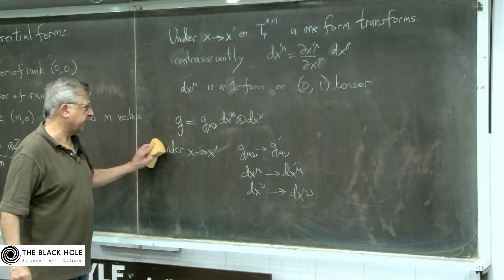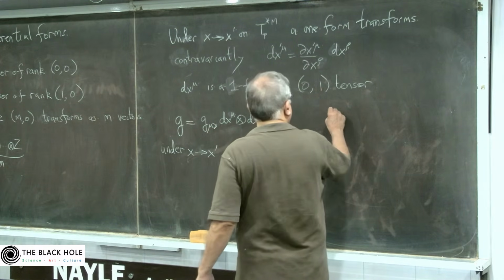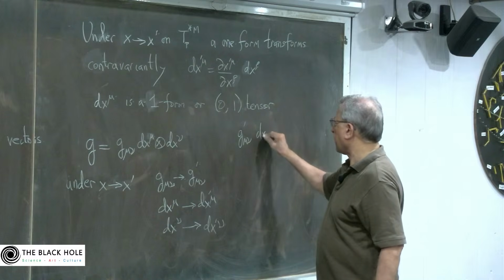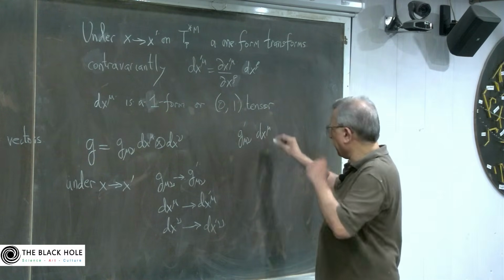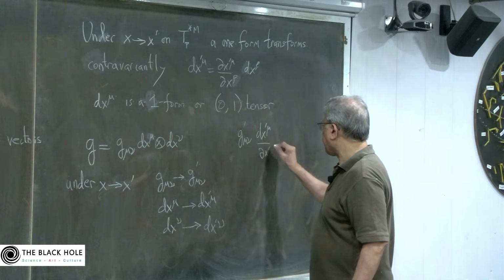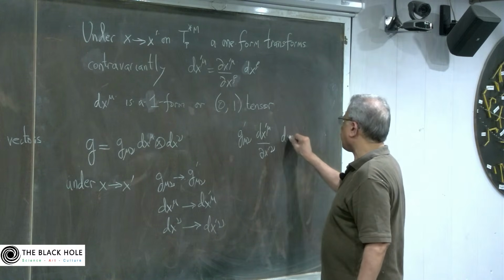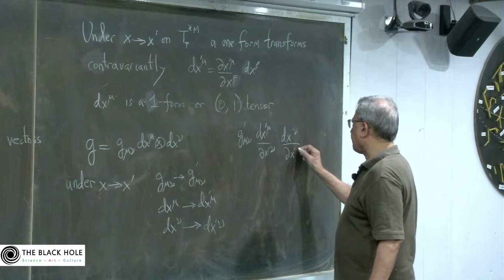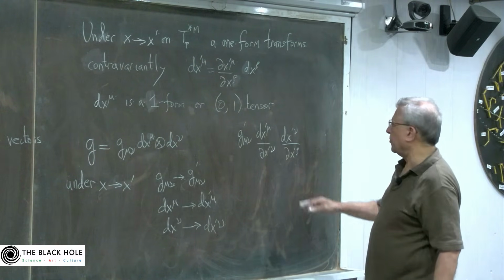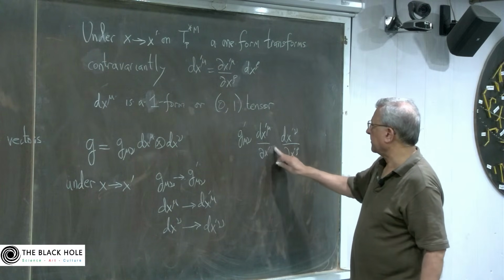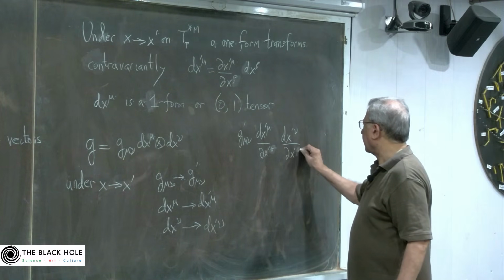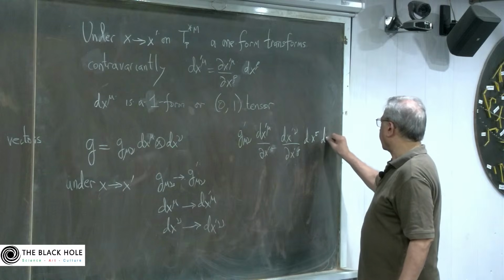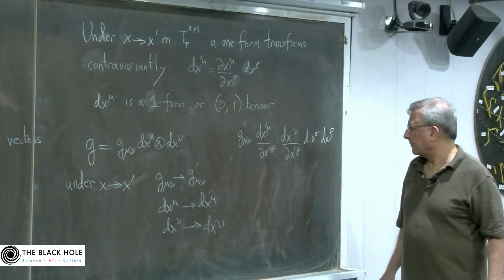Right? So now let's look over here. I have G nu prime. There are too many nus. Partial.